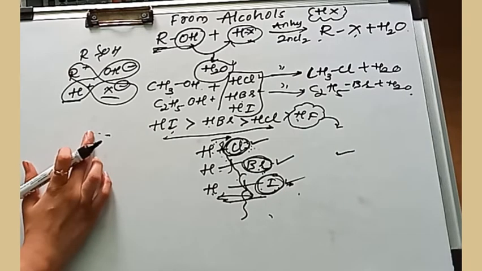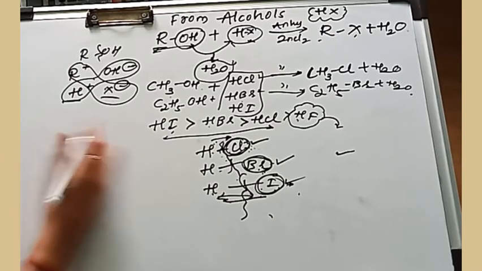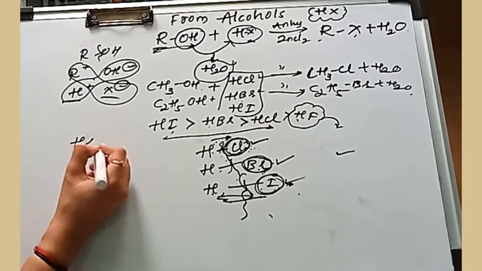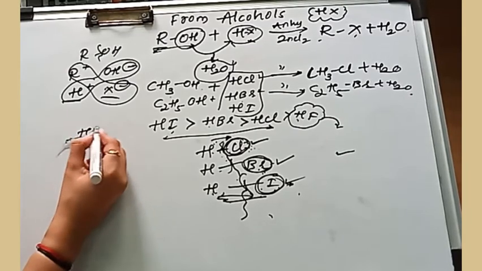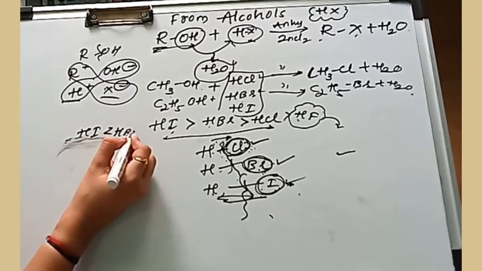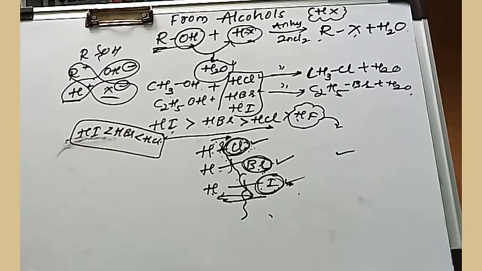That is why HI reacts faster. This is about the different kinds of hydrogen acids. So you can also remember the bond dissociation enthalpy order: HI is less, then comes HBr, and then comes HCl. You can remember this order.